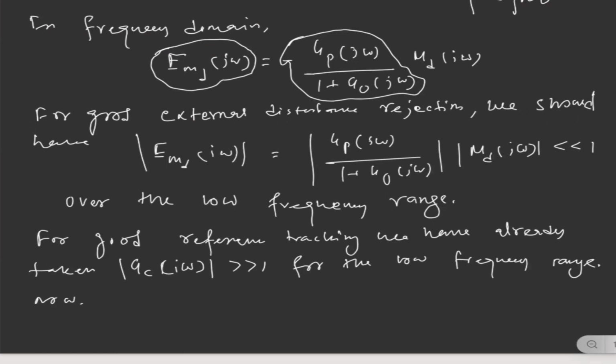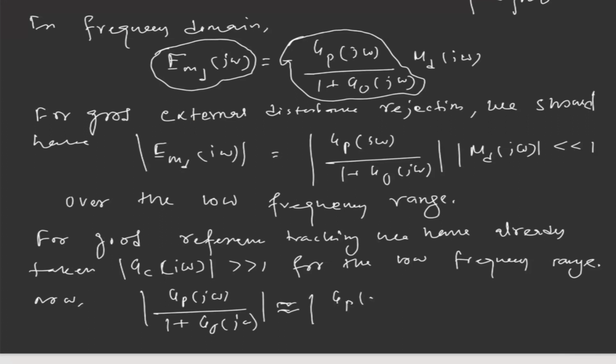Now you can write G_P j omega upon 1 plus G naught j omega should be, since G naught is a very high value compared to G_P, we can write from this expression, G_P j omega over G naught j omega, or we can write 1 upon G_C j omega.